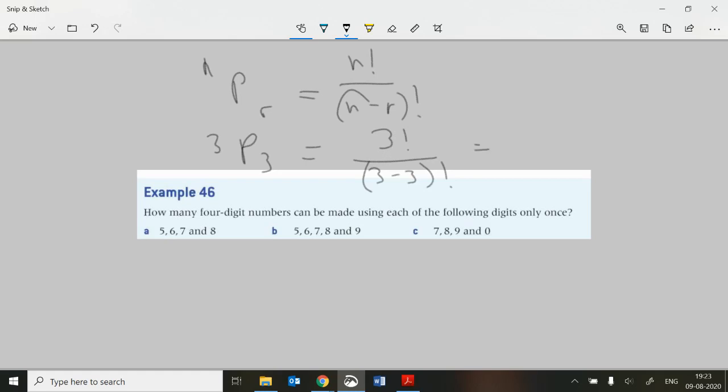What's 0 factorial? 3 factorial divided by 0 factorial. Well, 0 factorial, for the purposes of mathematics, is equal to 1. A little bit like something to the power of 0 is equal to 1 as well. I'm not going to go into that now, but trust me on that one, 0 factorial is equal to 1.